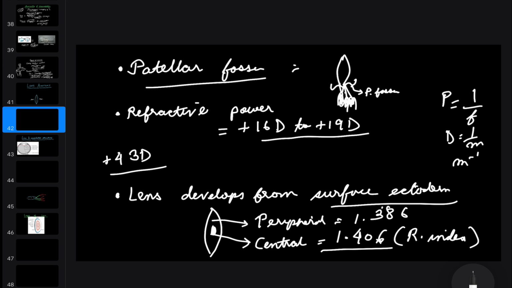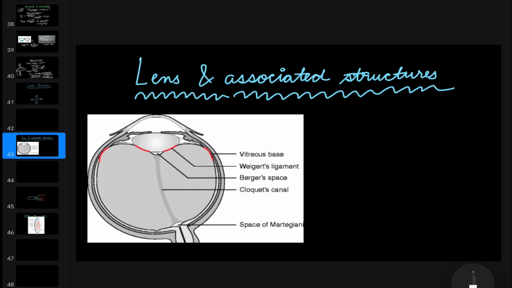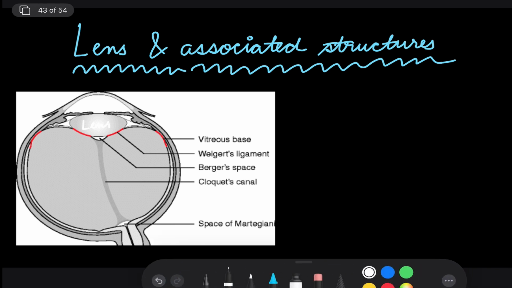Now, having gone through all that, let's move towards the different structures that are associated with the lens. As you can see, there is already an image over here, and we are going to see the different structures associated with the lens.